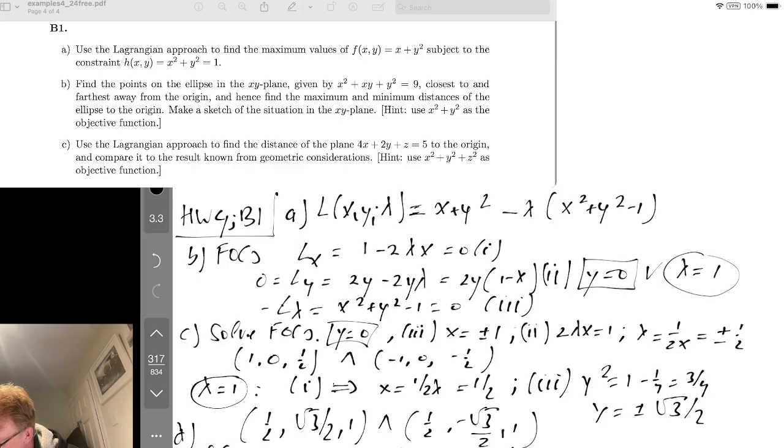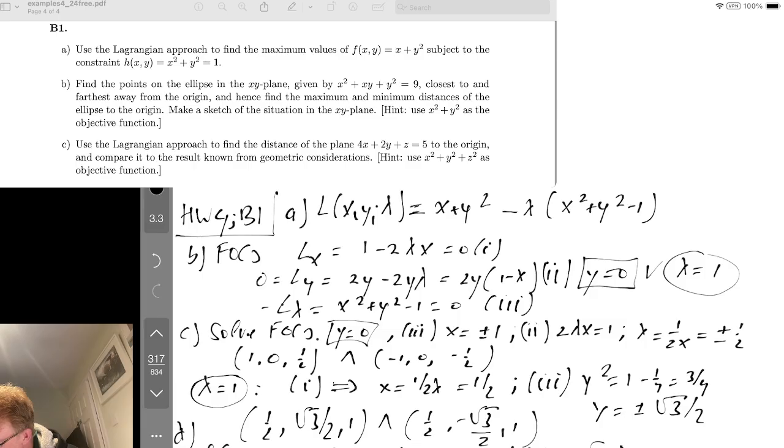And f(half, ...) we can do in one go, because we have the y squared, so that's 1/4 plus 3/4... no, 1/2 plus 3/4 is 5/4. So this latter one gives us the maximum, because 5/4 is more than minus 1, more than 1.